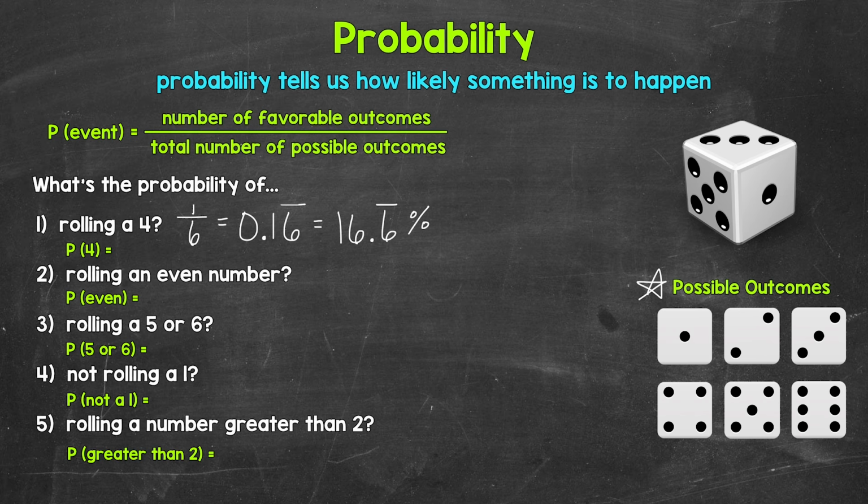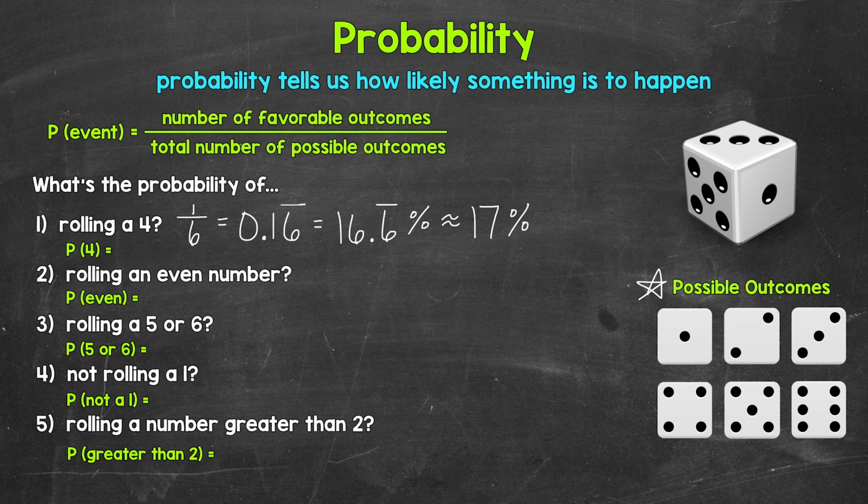We have a 6 in the ones place with a 6 to the right in the tenths. So this rounds to 17%. So this is approximately, and I'm using the approximately symbol here because we are rounding, 17%. And that's the probability of rolling a 4.